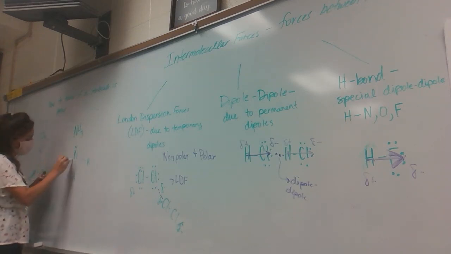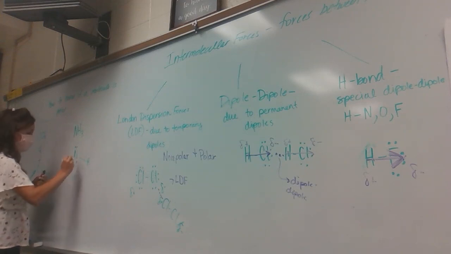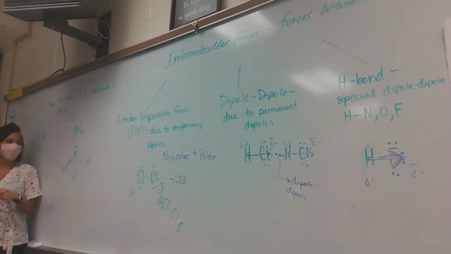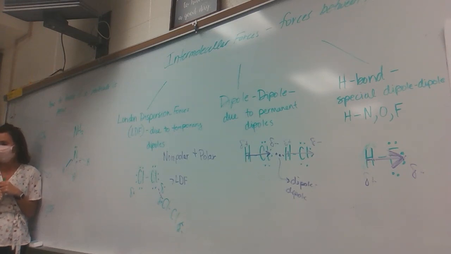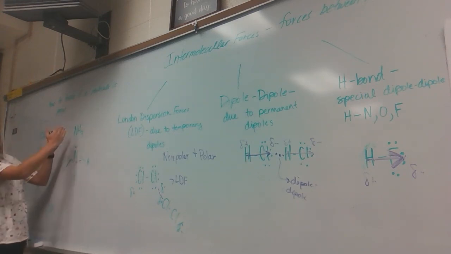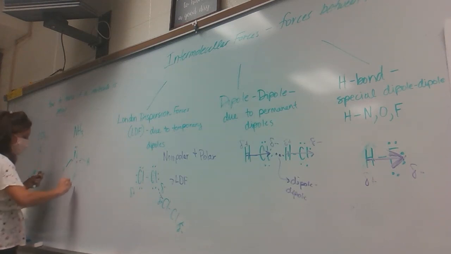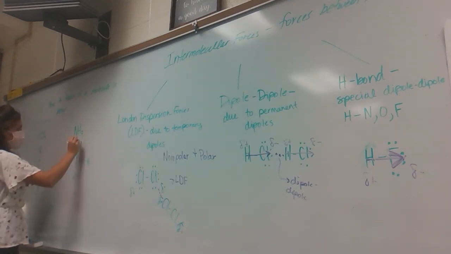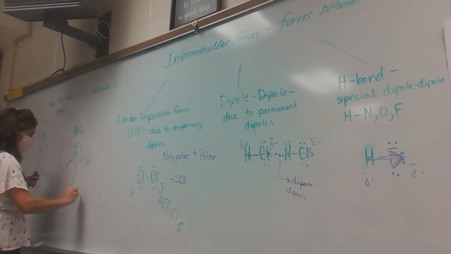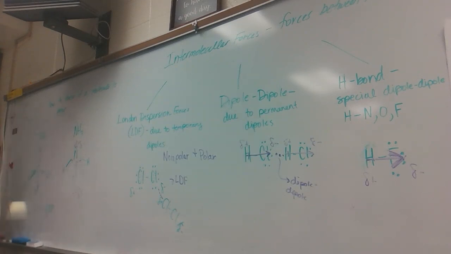Nitrogen is more electronegative. Do those dipoles cancel? No. The general direction is up. So my overall dipole for nitrogen, my polar molecule, NH3, is this side of it is negative, and this side of it is positive. This is a polar molecule. Overall, this side is more negative than this side.